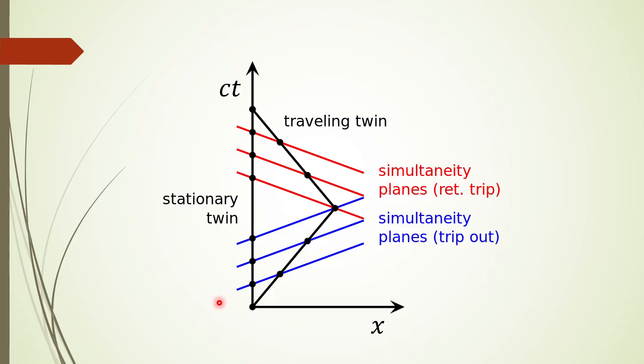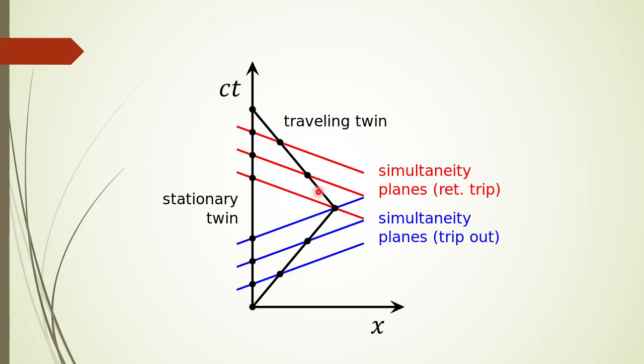These are simultaneity planes, times that are supposed to be simultaneous for both of them. And you can see, of course, time passes differently for the twin that is moving versus the twin that is staying still. However, once he turns around on the return trip, the speed changes direction, correct?